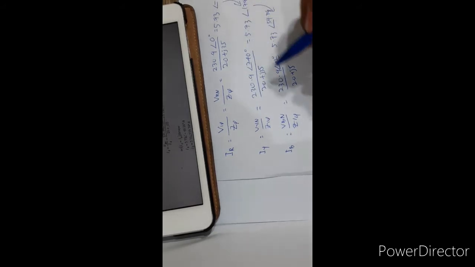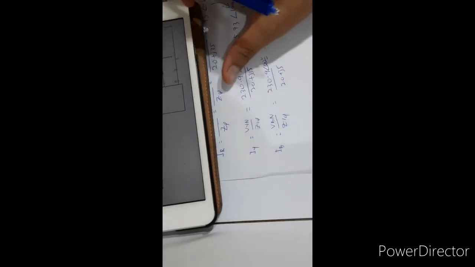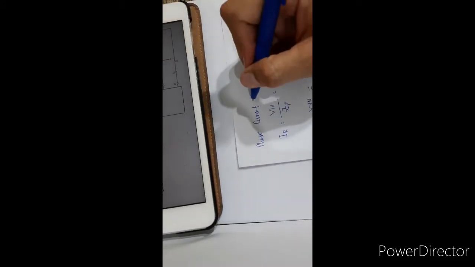The difference is between the angles: this is 179.74, this is 59.74. You can use a calculator to calculate these values. Since the connection is Y, the phase current will be similar to the line current. So I phase equals I line.